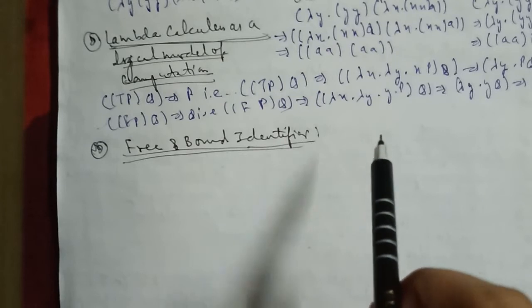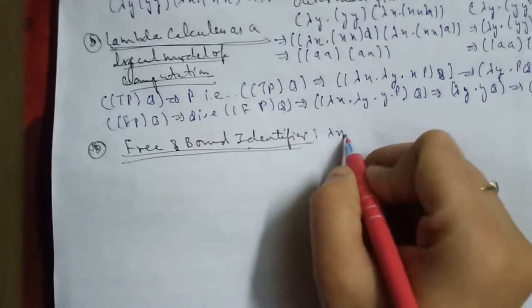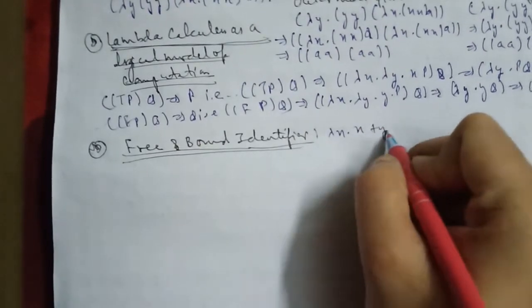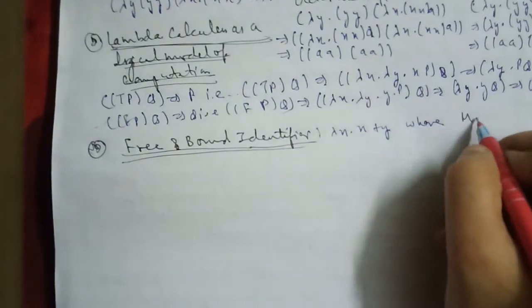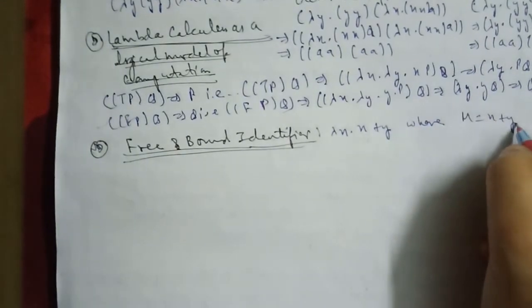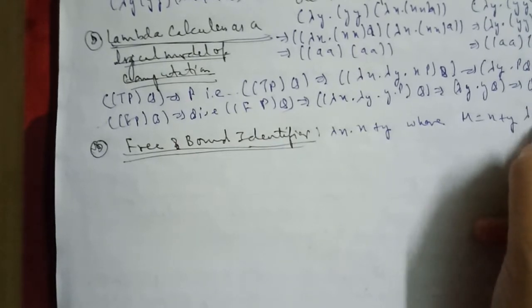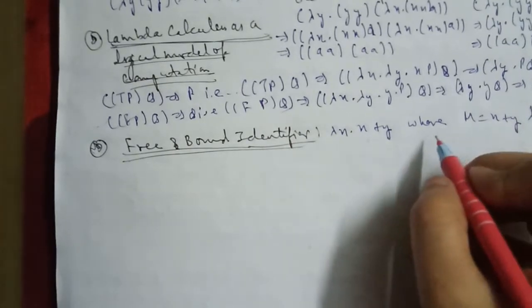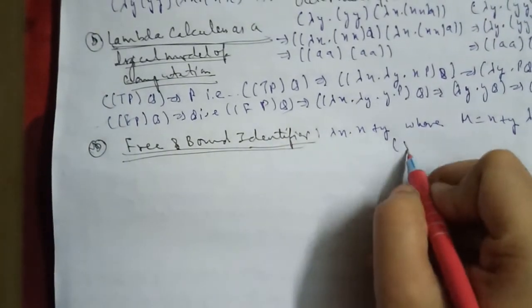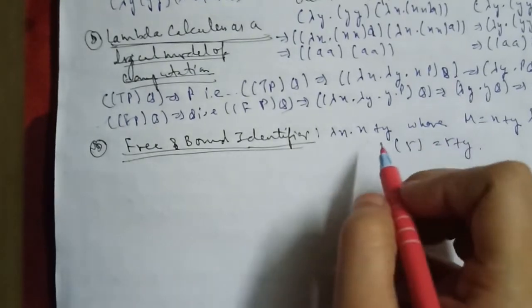So in the references of the expression x plus y, we'll go ahead with the equation lambda x dot x plus y, where M equals x plus y, and where in the lambda x dot x plus y expression we have 5 equals 5 plus y here. So those are the references.